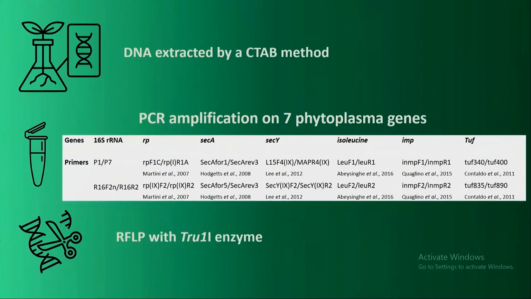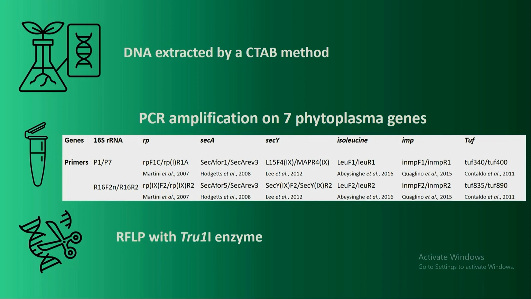DNA was extracted from symptomatic plants by the CTAB method, and then PCR was performed on the DNA extracted, on the 16S rRNA gene and on rp, secA, secY, isoleucine, imp, and tuf genes.